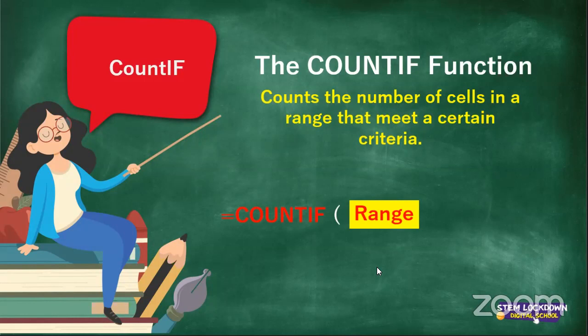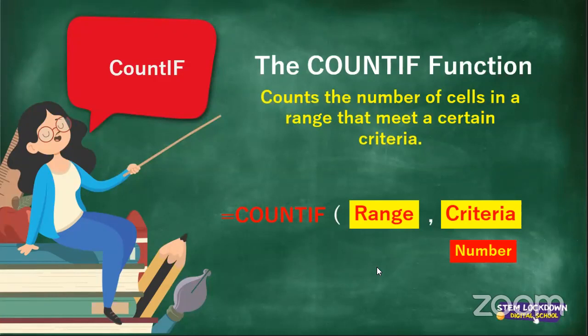Next, you have the criteria. What do you want the function to count? Based on that range, what exactly do you want the function to count? Now, your criteria can take many forms, preferably a number. You can count a specific number in a range. You can also count specific text in a range.